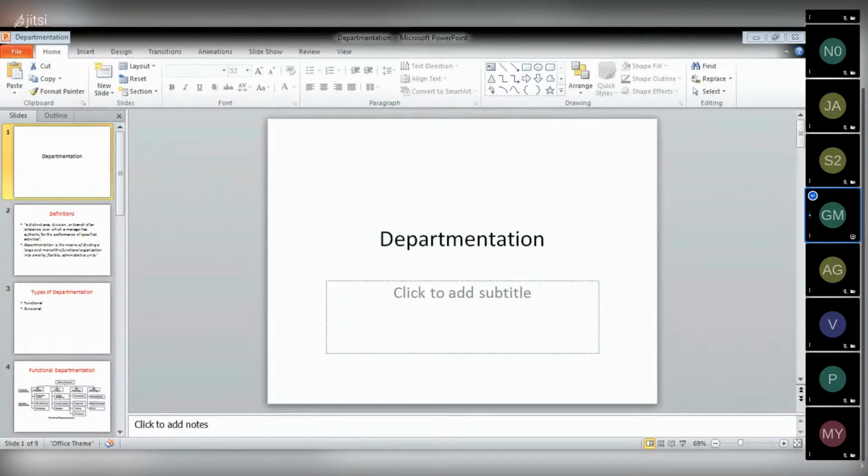Another definition also says that departmentation means dividing a large and monolithic functional organization into smaller, flexible administrative units. See, why do we need to organize?